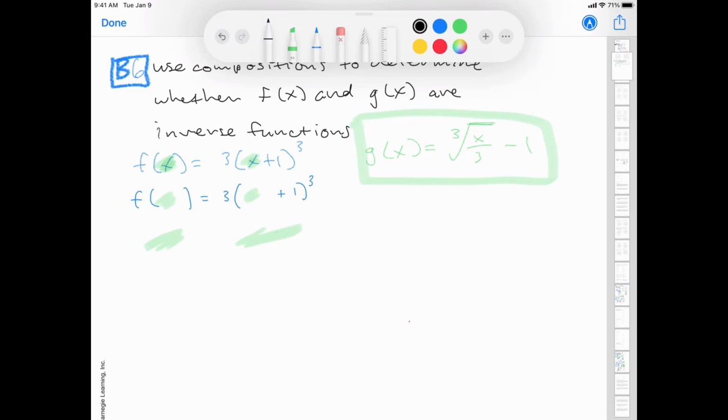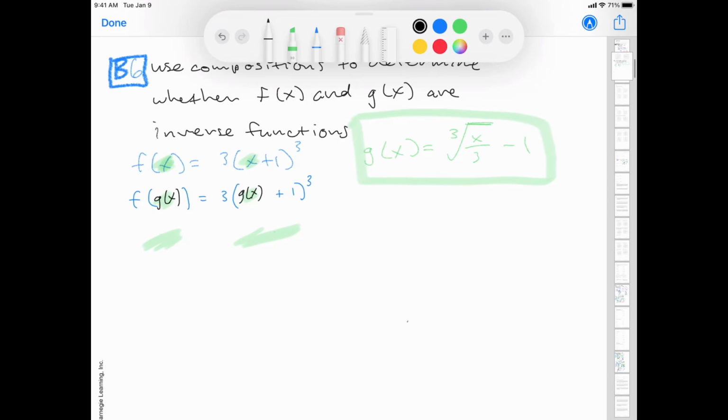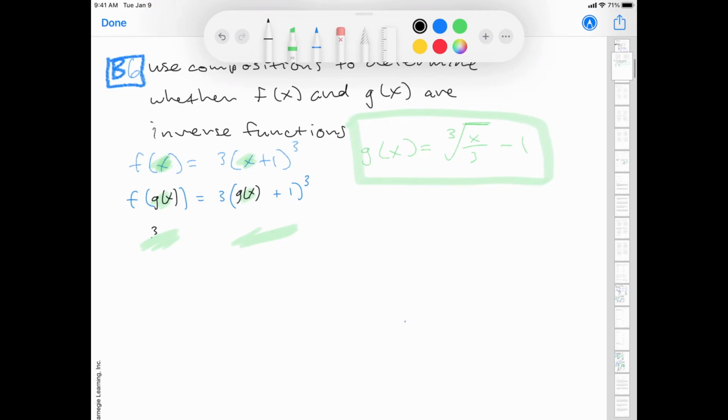And what are we going to put in there? G of x. And g of x now we're going to write as x over 3 to cube root. And same thing, oops, forgot the minus 1, very important. X over 3 minus 1.